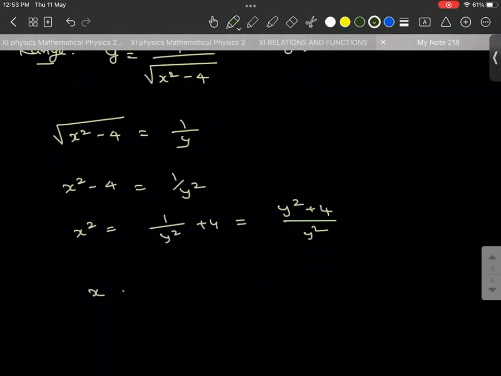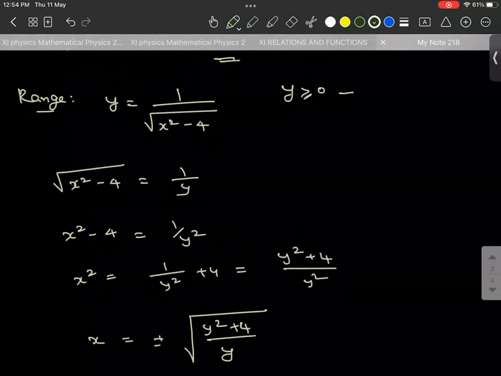So x will be equal to plus or minus square root of y square plus 4, divided by y. Is it clear till this step? Yes, sir.